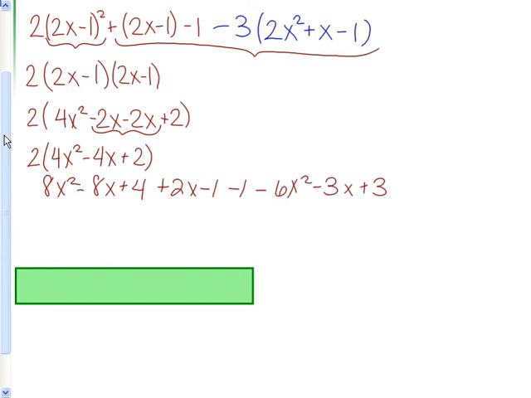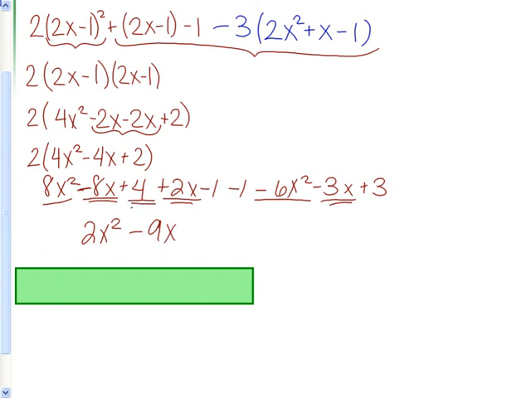And now I can combine like terms, so my x squareds. I've got an 8x squared and a minus 6x squared to make 2x squared. I've got an 8x, a 2x, minus 3. And I believe that's a negative 8. Negative 8 plus 2, negative 6, minus 3, negative 9x.